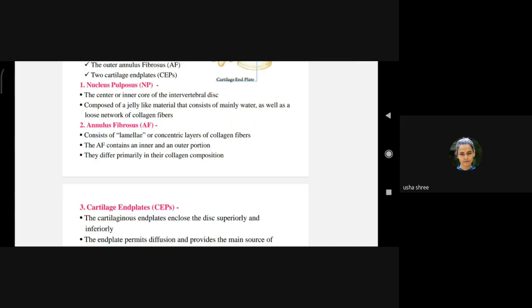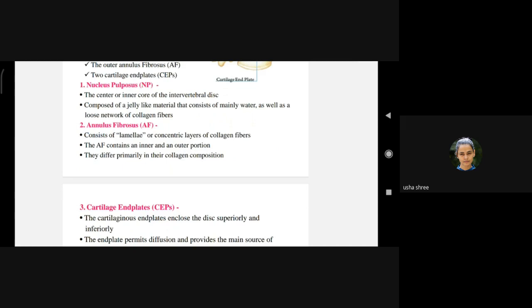But at the annulus fibrosus the network is denser, so it is hard. Just like that, the annulus fibrosus also has an inner and outer layer, and there also only the composition differs.